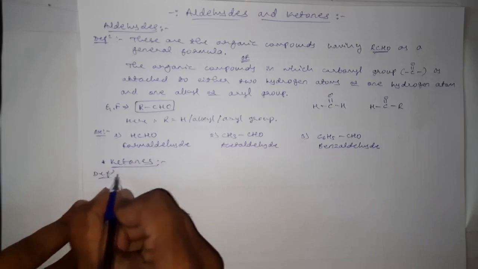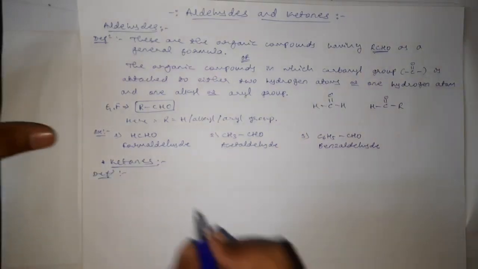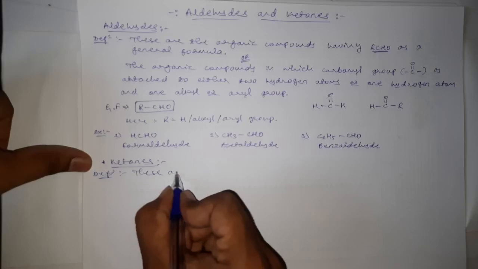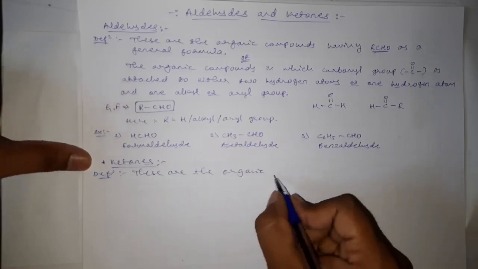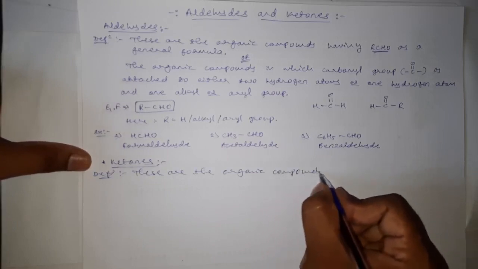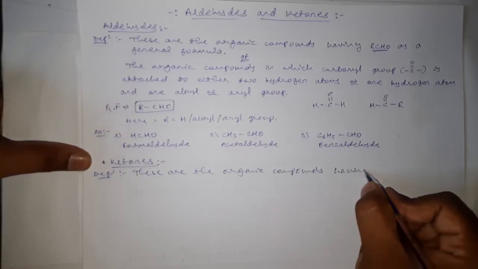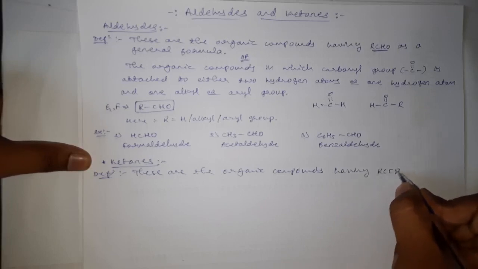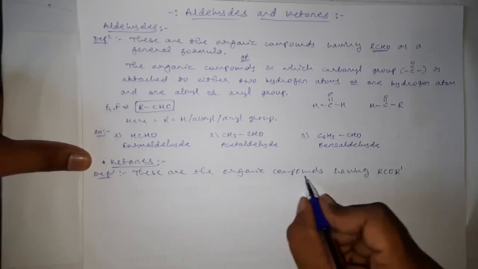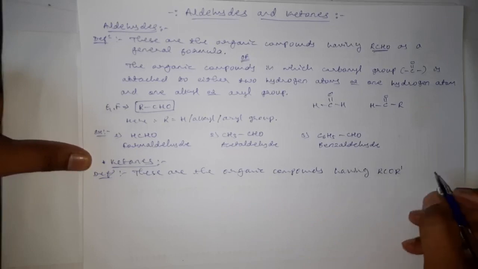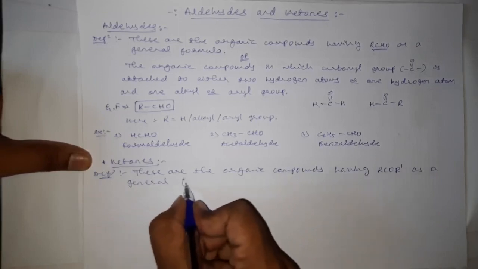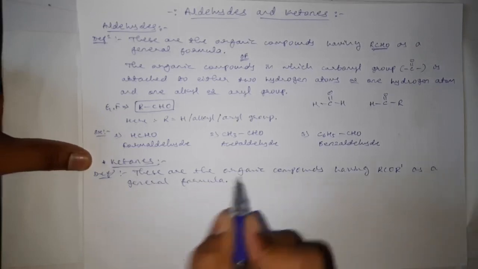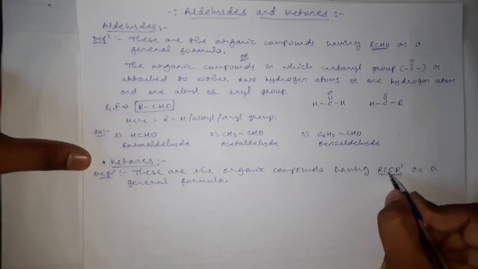Coming to the definition of ketones, these are the organic compounds having RCOR dash as a general formula. If the organic compound is having this type of a general formula, then that is called what?